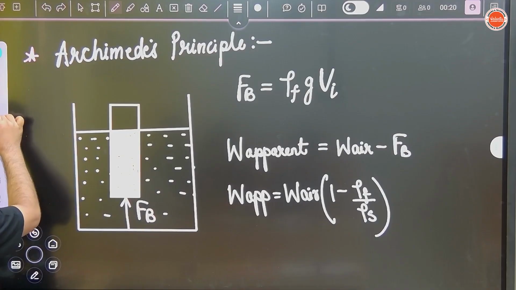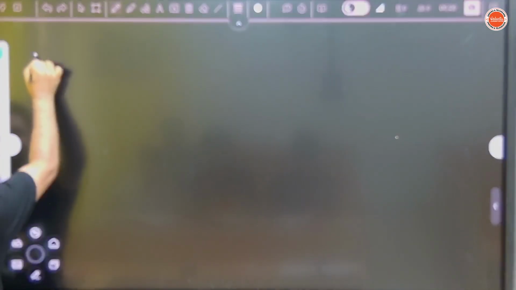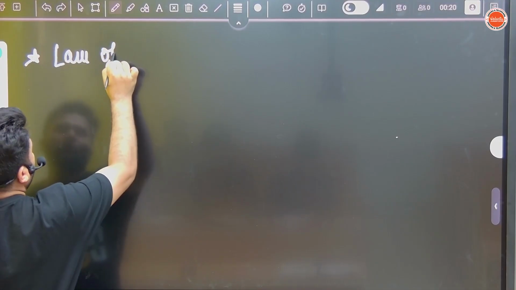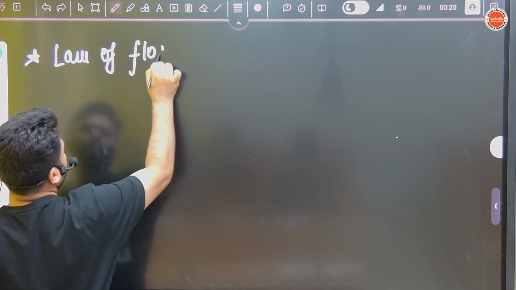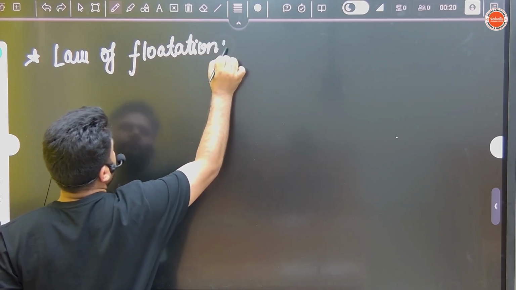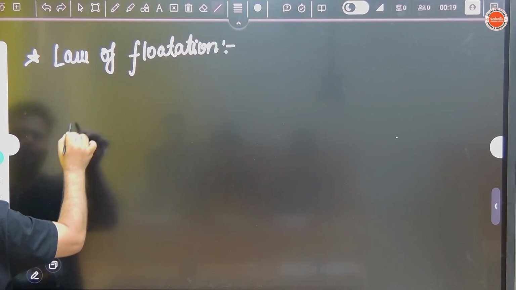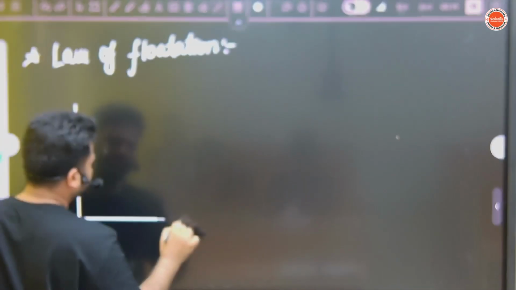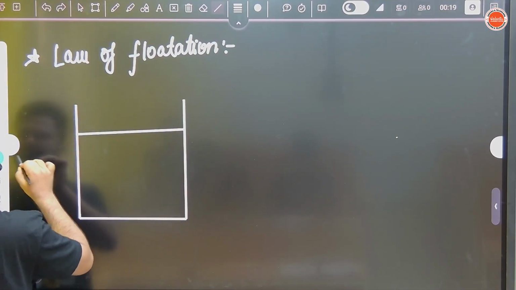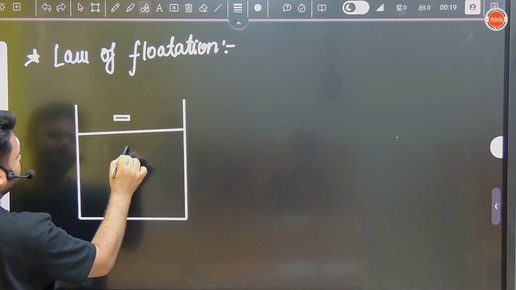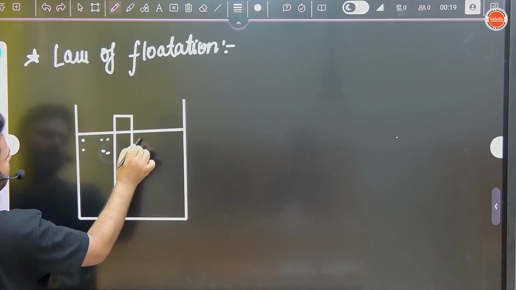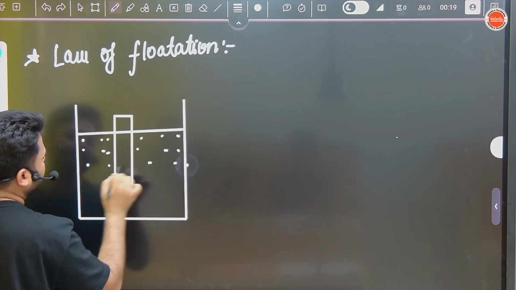Next, law of flotation. If the object is floating, suppose this is the object floating inside the liquid, what does this mean?